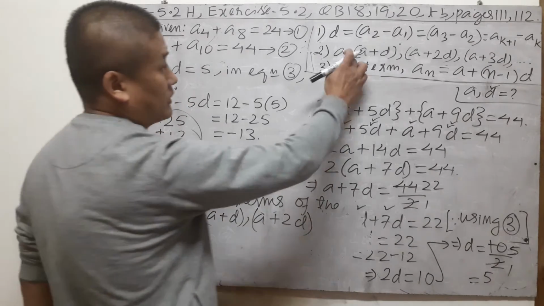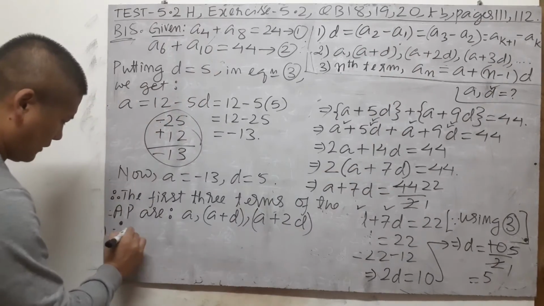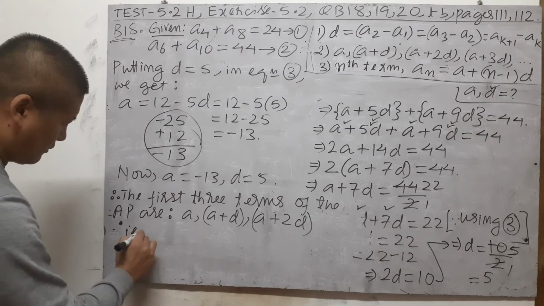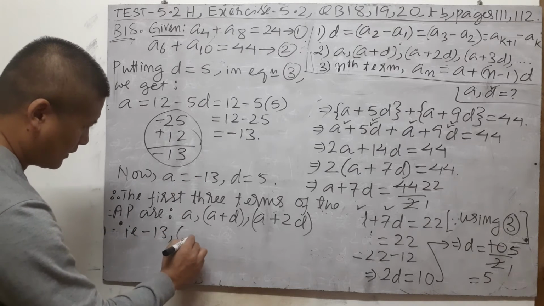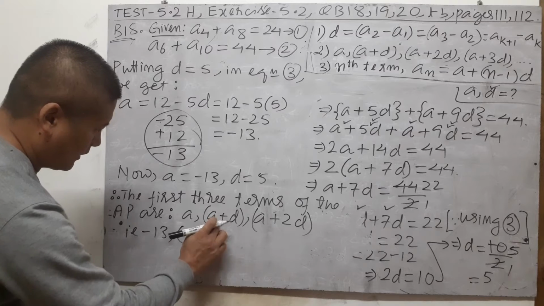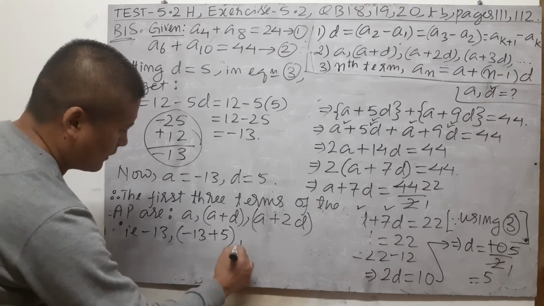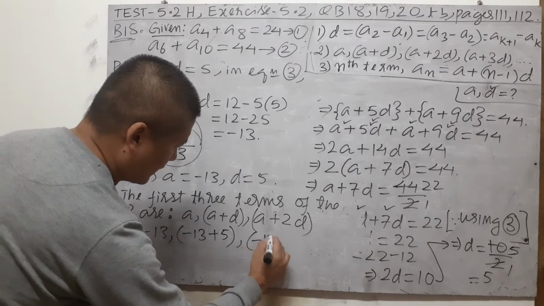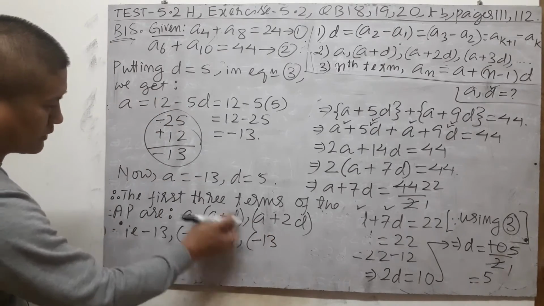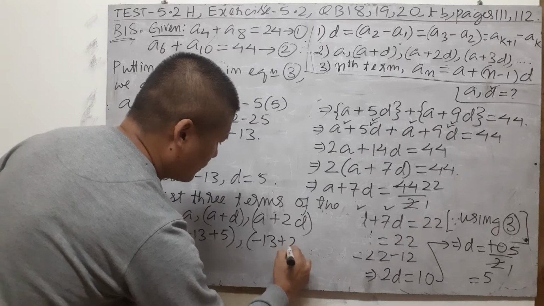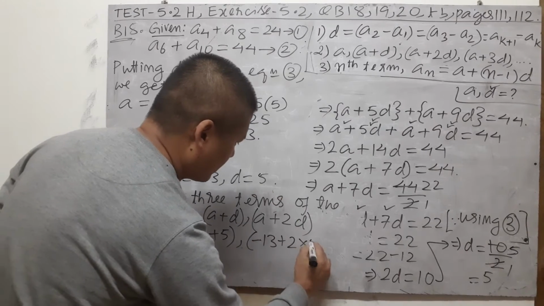First 3 terms, we're using this formula. So that is a, we just now put minus 13 for a, plus d here, as you can see, is 5, minus 13 again, putting the value of a minus 13, plus 2 into d here is 5.